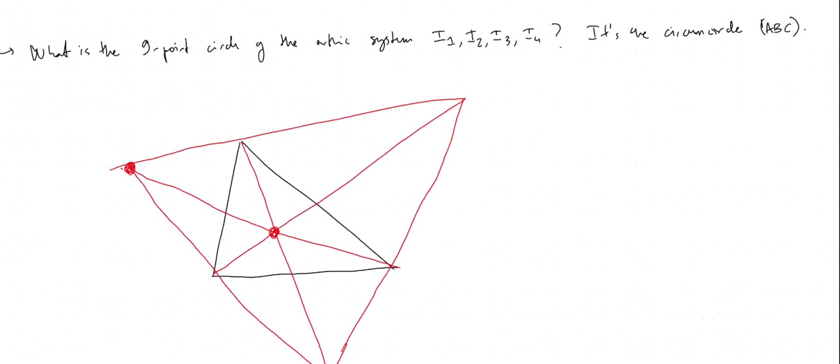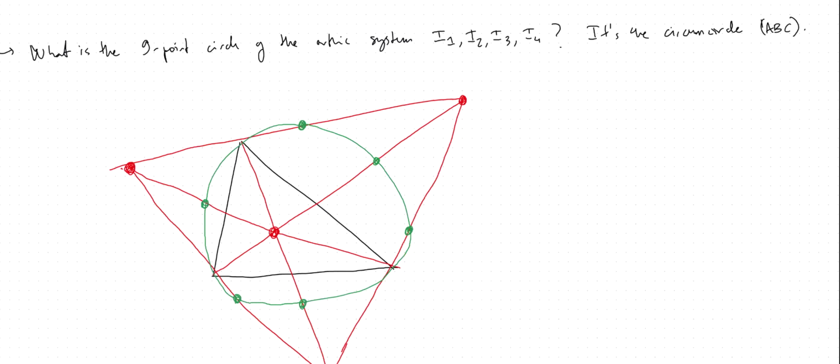So if I draw the circumcircle on top of this, these additional 6 points are interesting midpoints.